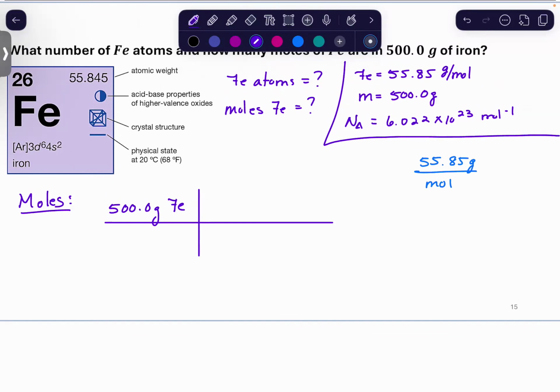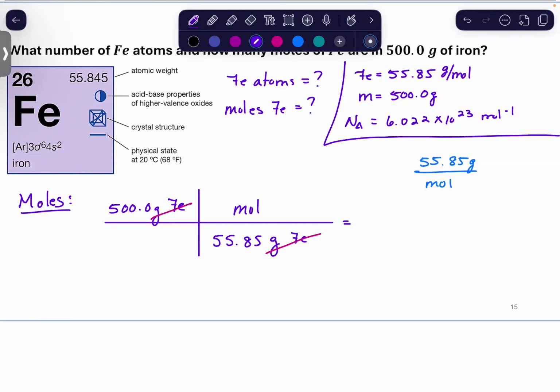I need to put that in here in a way to get rid of grams. So some of you from high school, maybe you learned, well, I need to divide mass by the molar mass. Okay, same idea, same thing. So I need to put the 55.85 grams of iron on the bottom, leave moles on the top, and then grams of iron will divide out.